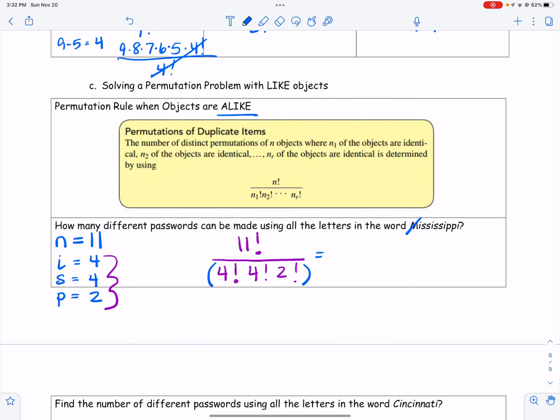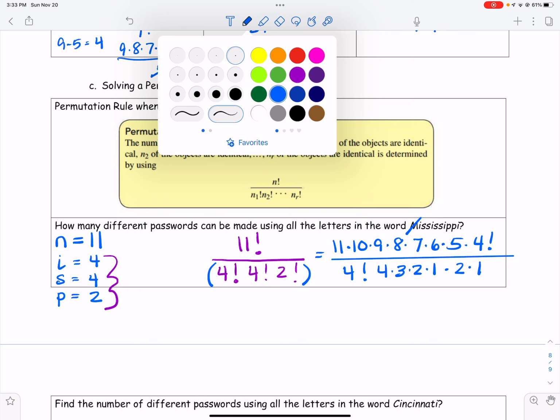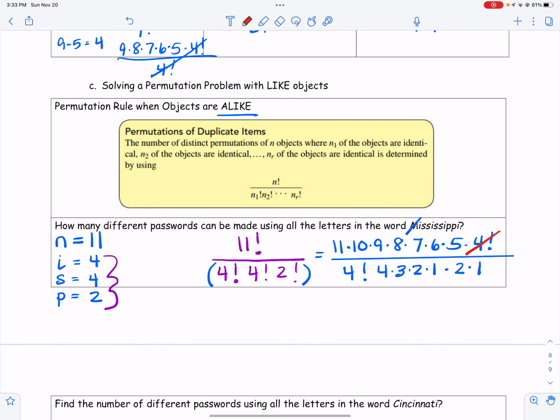So what I'm going to do is I'm going to write 11 times 10 times 9 times 8, 7, 6, 5, and then I'm going to stop at 4 factorial because I have a 4 factorial that I can cancel out, okay? And then I have another 4 factorial, so I'm going to write that one out. And then I have a 2 factorial, and I'm going to write that one out, okay? So now I'm going to eliminate this 4 factorial cancels this 4 factorial. And then I can make 4 times 2, well, that makes 8.